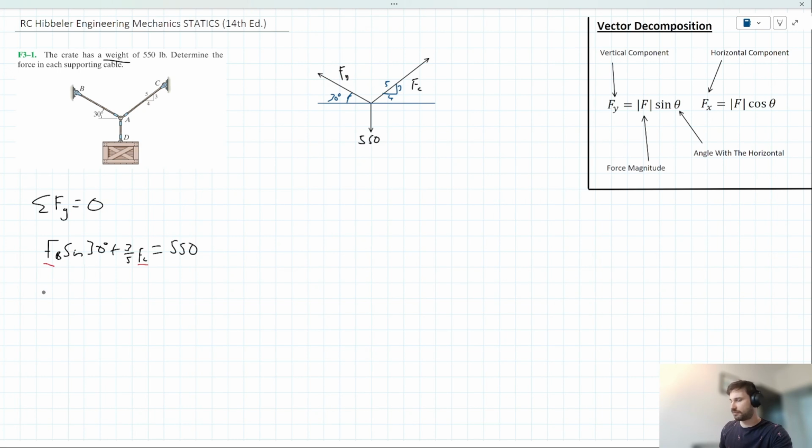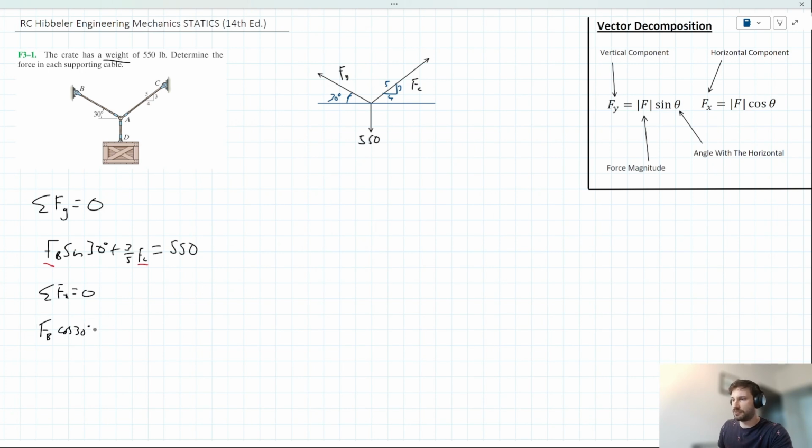So let's move on and resolve horizontally. Again, the sum of the forces in the horizontal is equal to 0, or in other words, the forces acting to the left are equal to the forces acting to the right. What's acting to the left? We've got the horizontal component of FB, let's call it FB cos 30.